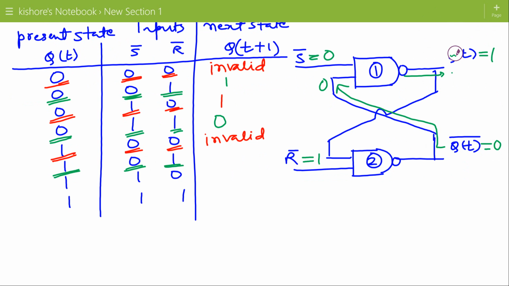So the output of the first NAND gate is 1, and this QT plus 1 is the feedback input for the second NAND gate, that is 1. So 1 and 1 is 0. QT plus 1 bar is 0, which is a valid state. So QT plus 1 is 1.